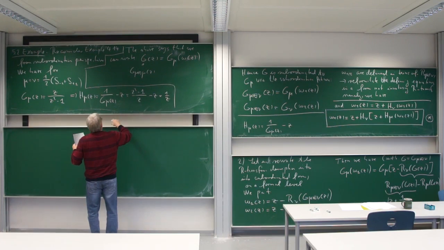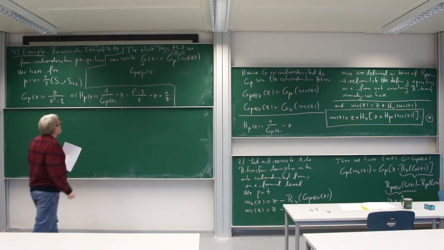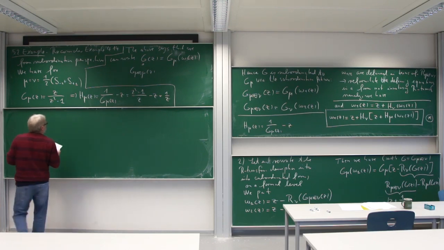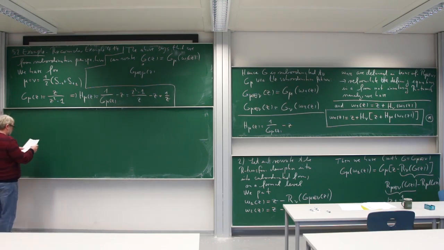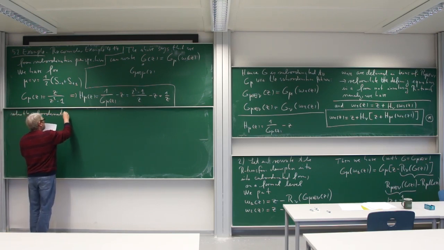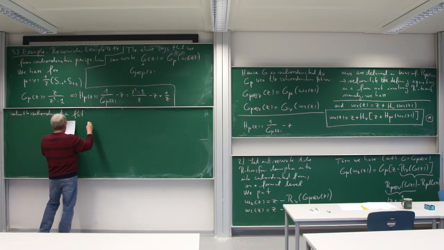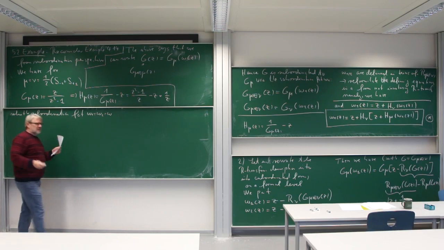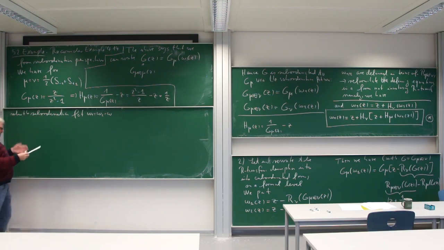So we know we can write the result, the G of Z in which we are interested, as G mu of omega, where omega is the subordination function, which in this case is the same as omega 1 or omega 2, they are the same by symmetry. So just call it omega.